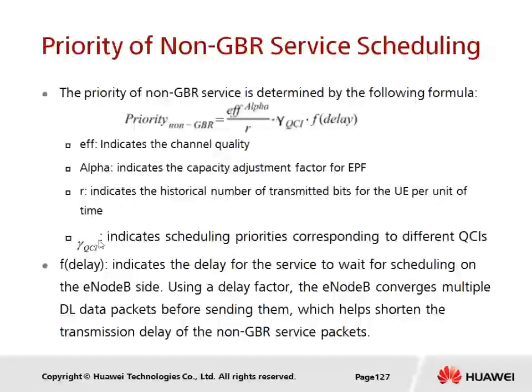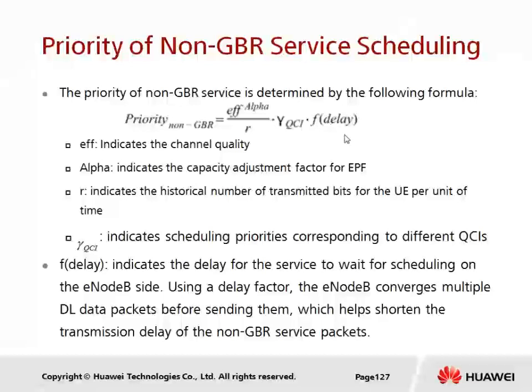This is multiplied by the scheduling priority corresponding to different QCI, which is a value set in the system to determine the scheduling priority for different QCI, and this setting affects the scheduling priority of the non-GBR bearer.